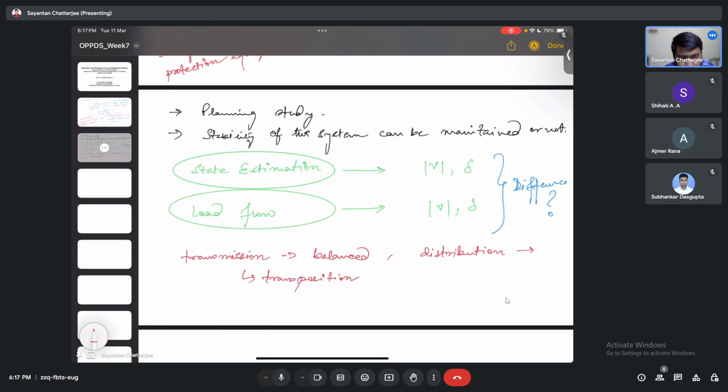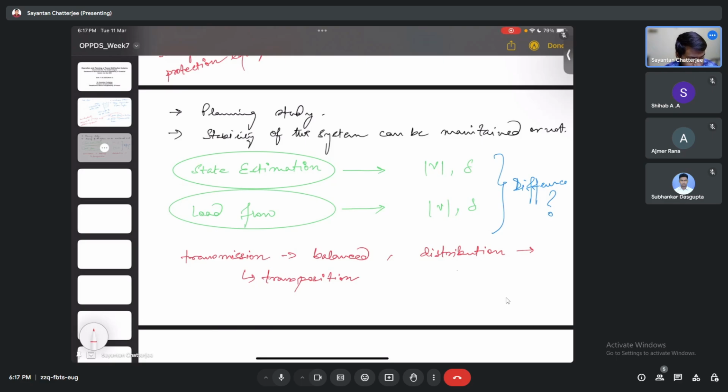And if you have any knowledge of state estimation, because it's also taught in the UG course, just a simple overview, not in a broader sense, the output of state estimation is also the voltage magnitudes and delta. So what's the difference between them? Any idea? If one of you has any idea, you can share.